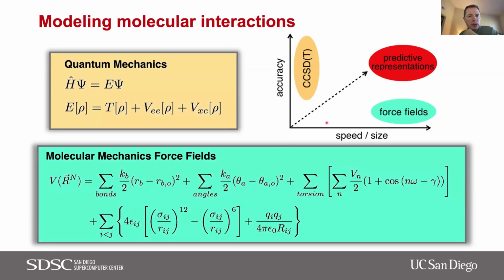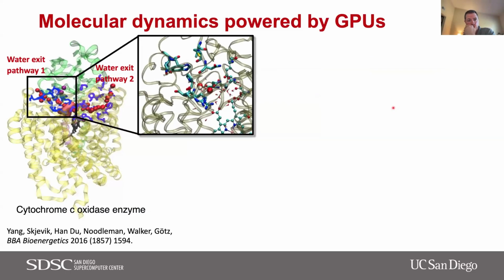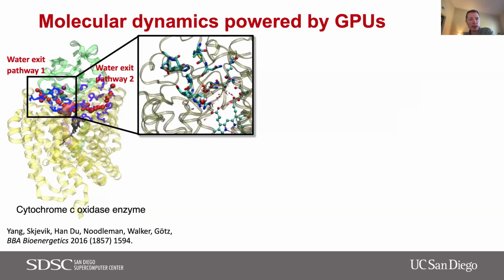And yeah, so QM is expensive, more accurate in principle. Force fields less accurate in principle, but super fast. And so this is what we can do when we have hundreds of thousands of atoms, and we can actually study the dynamics.